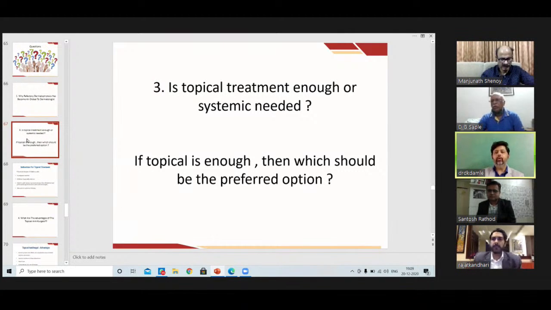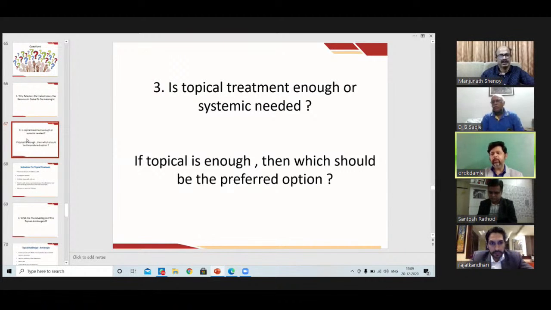At times you're forced to give only topicals in certain scenarios, like Dr. Manjunath was saying, in pregnancy or in a child who has a single patch, just started, not treated. Those are the only situations where topical treatment might work. I'm not saying it will work, but in the current scenario it's impossible to say that topical treatment is enough, and you actually need systemic treatment in virtually more than 90 to 95% of the cases.